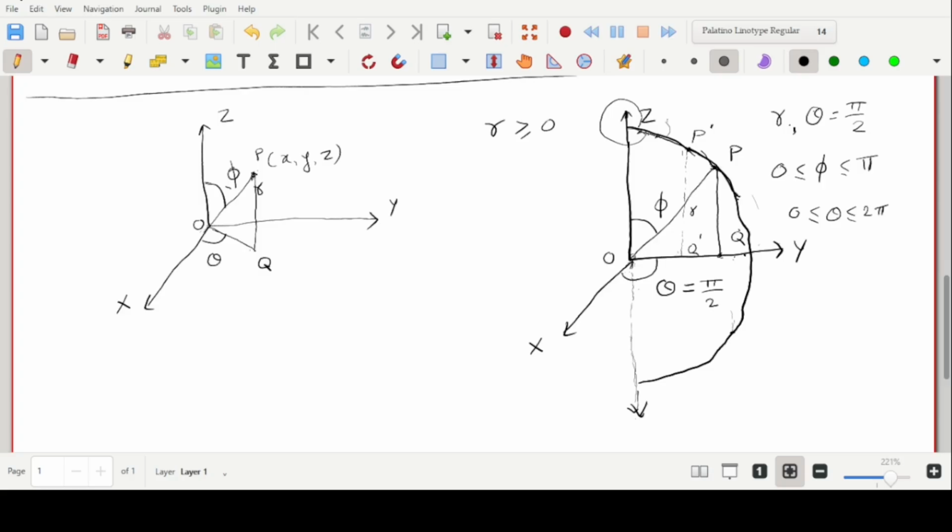So therefore our limits between which r, theta and phi can vary are completely determined. r is greater than or equal to 0, 0 less than or equal to phi less than or equal to pi, and 0 less than or equal to theta less than or equal to 2 pi. They completely tell us.